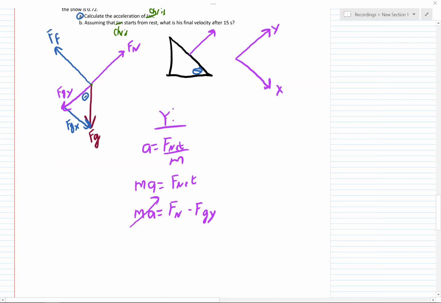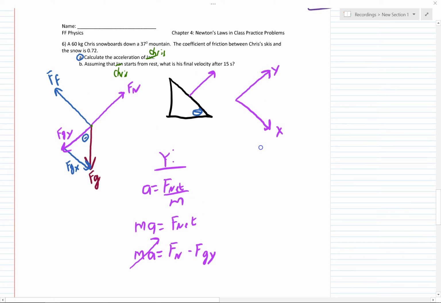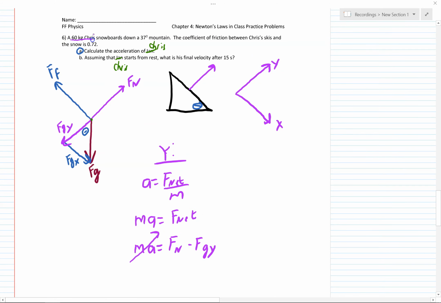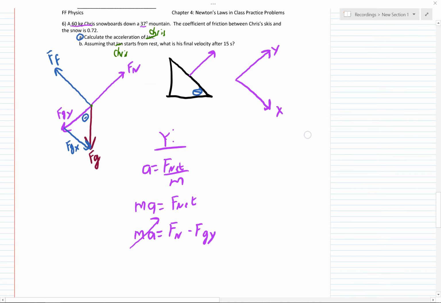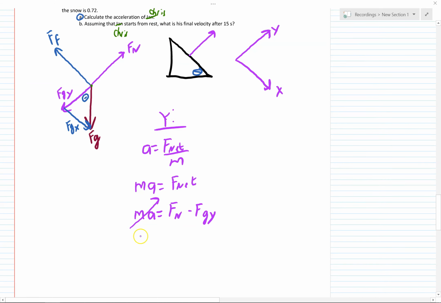The force of gravity in the y direction, since we know Chris's mass, we can calculate the force of gravity. The angle is 37 degrees, so we can calculate Fgy in terms of F sub g. Notice Fgy is adjacent to the angle, so let's add Fgy to the other side.